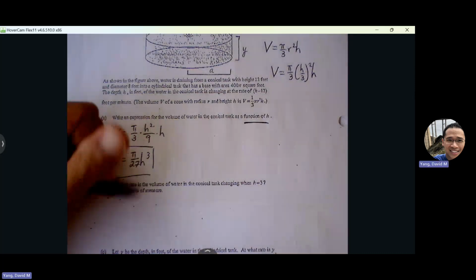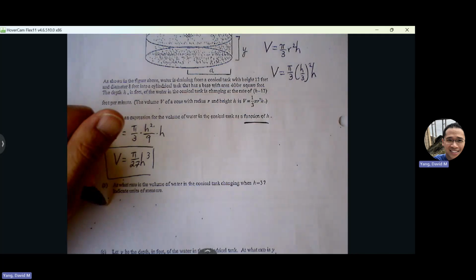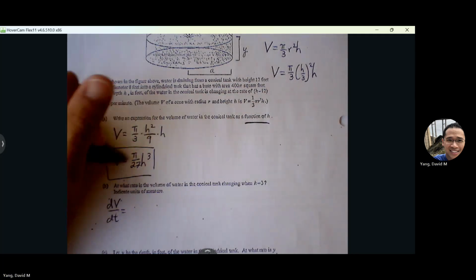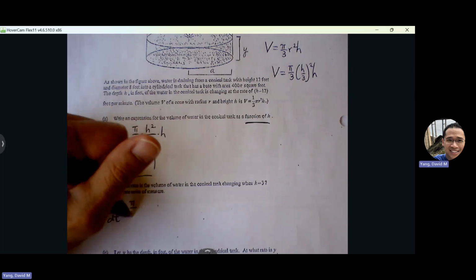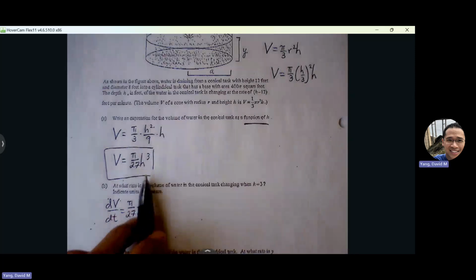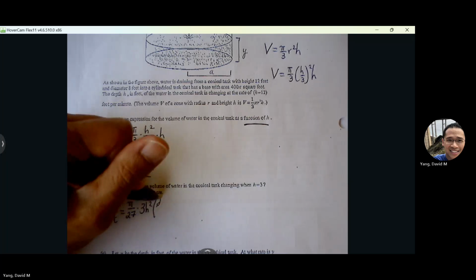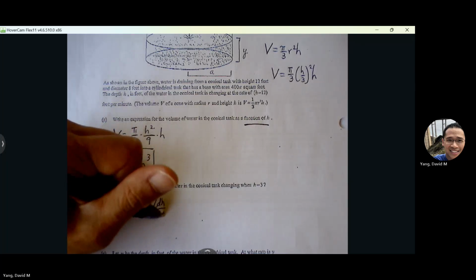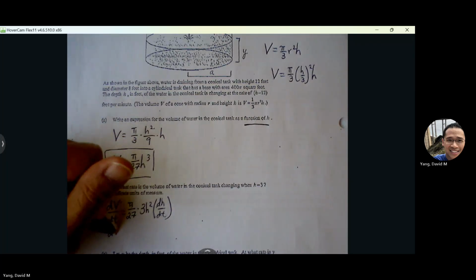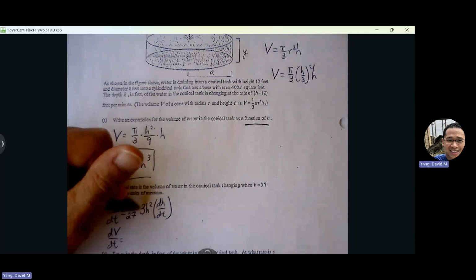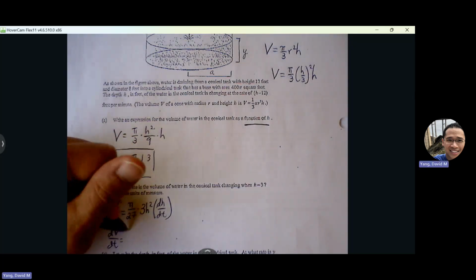Okay, so now let's go ahead and build our derivative. Pi over 27 stays. The power rule is for that h variable. Going to do some cleaning up here. Make it pi over 9.